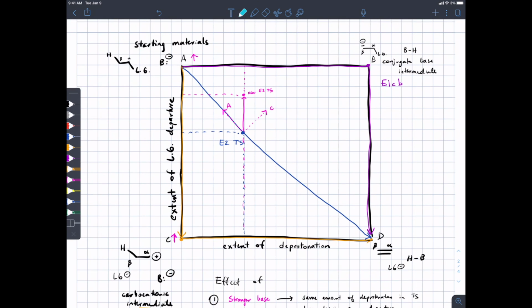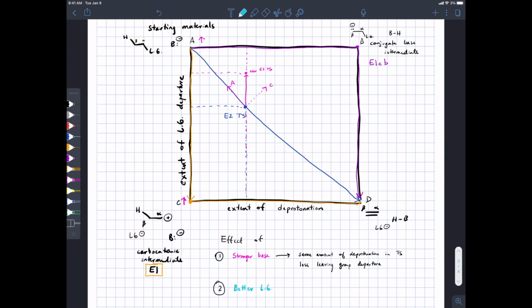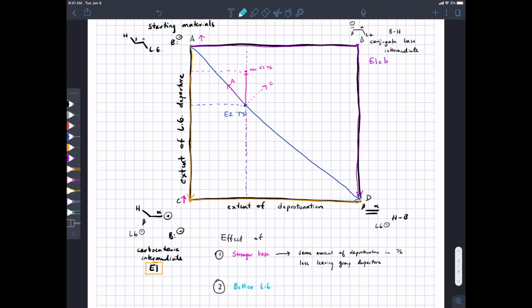Which corners will be affected and why, and how? And just as a hint, remember good leaving groups are conjugate bases of strong acids because they can tolerate the negative charge. They're more stable once they've left. So, which corners will be affected and how?